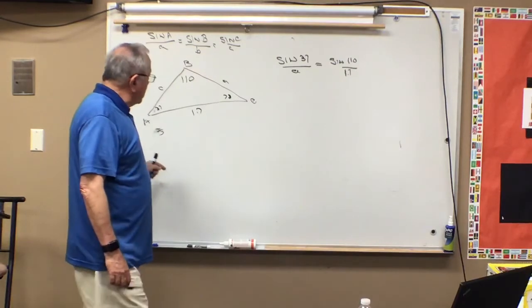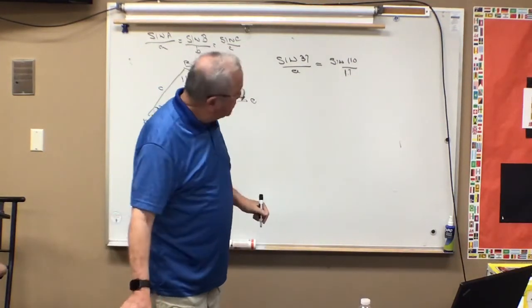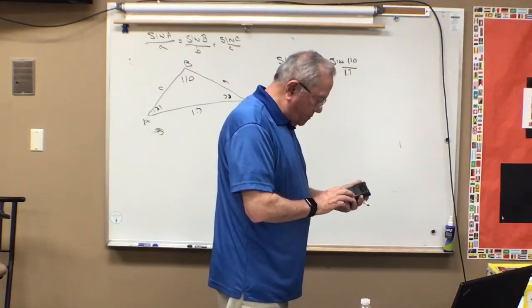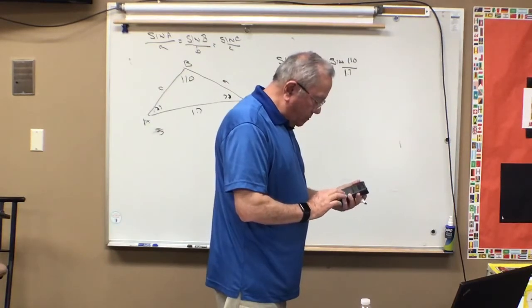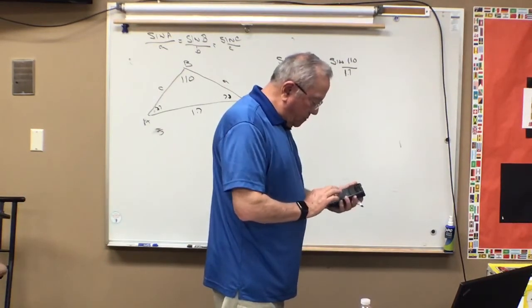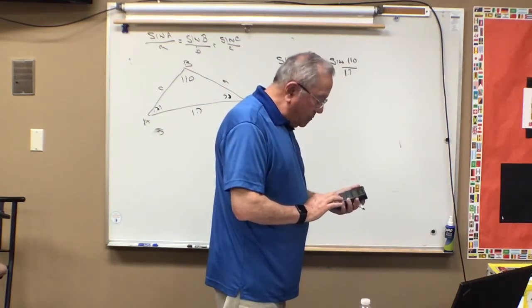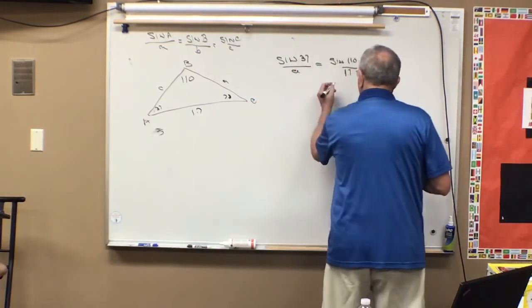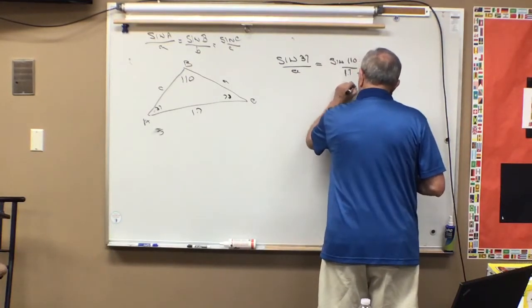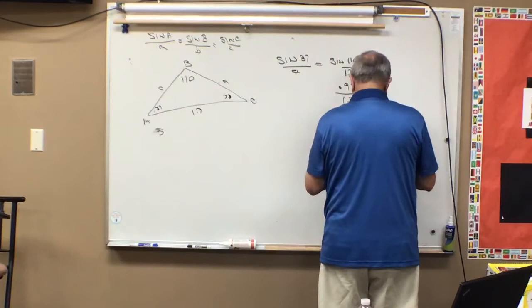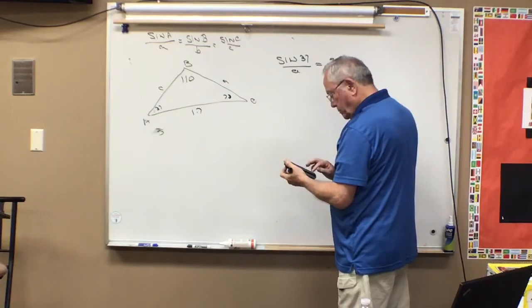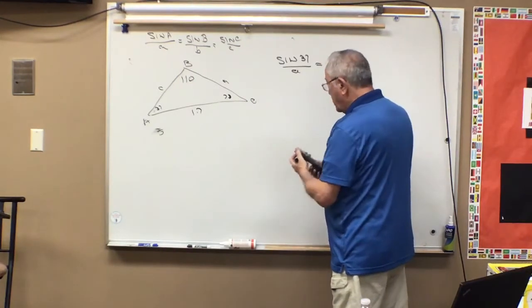So let's do this. Now we've got to work up the sine of 37 and the sine of 110, don't we? Correct? 0.93, so it's 0.93 over 1.7, and the sine of 37 equals 0.60.